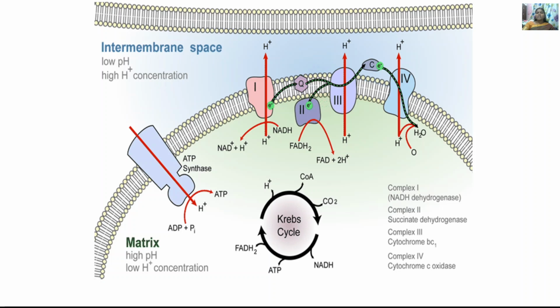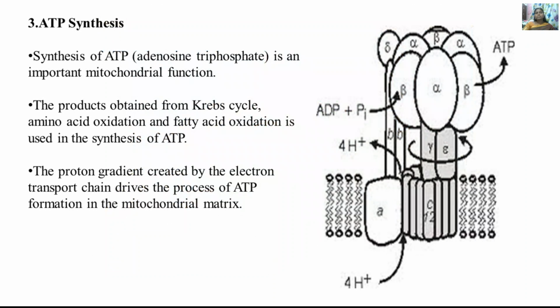So when there is a release of energy because of the proton gradient, there is a phosphorylation of ADP into ATP. Thus the synthesis of ATP takes place in ATP synthase, a complex which is present in the inner mitochondrial membrane.